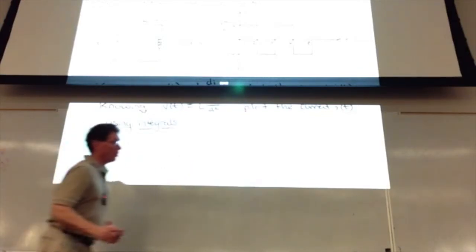Now I'm going to write down the I of t on the right-hand board. This is going to be valid for 0 less than or equal to t, which is less than or equal to 2.